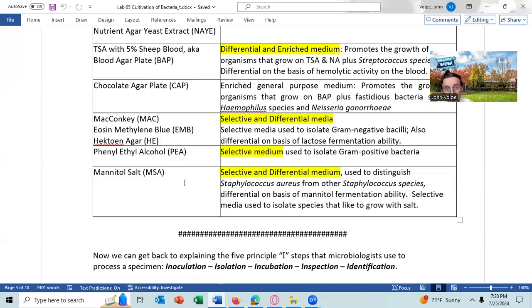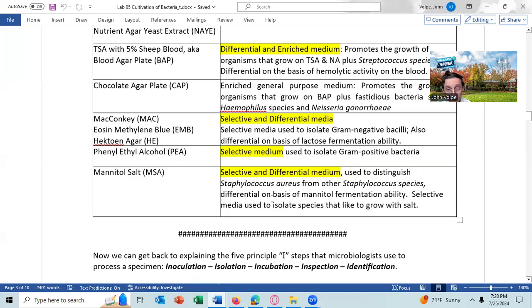It is also differential, on the ability to ferment the sugar mannitol. If the bacteria can ferment mannitol and can grow on the mannitol salt agar plate, it will have a yellow color around the bacteria. So we call it a yellow aura around the colony of bacteria.